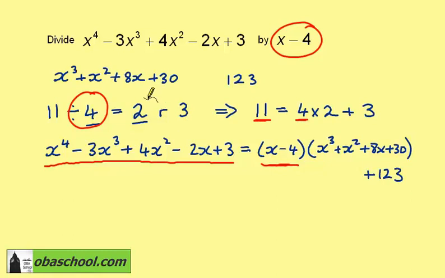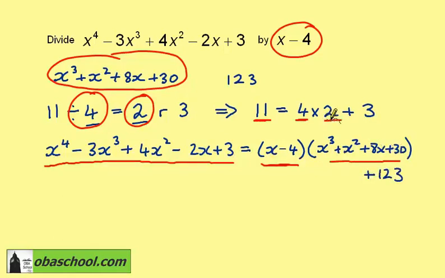When we divided 11 by 4, we got a quotient of 2. Here we got a quotient of x cubed plus x squared plus 8x plus 30, and we can see that these are in equivalent positions in our two expressions.